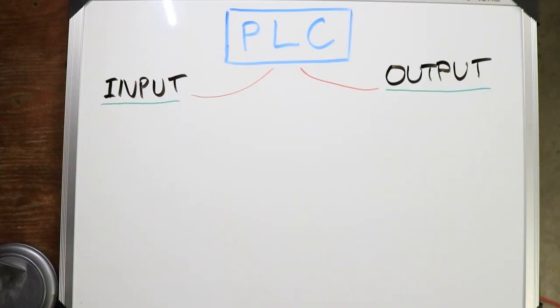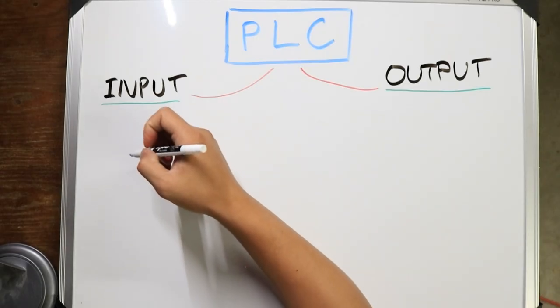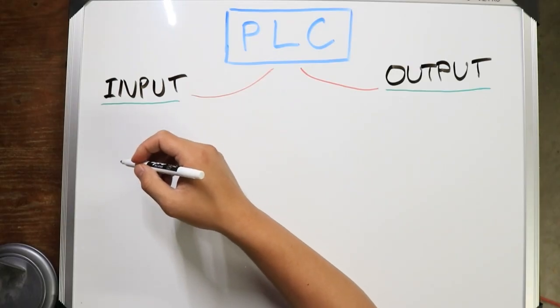Okay. And the last example I want to give you would be a mechanical input. So far we had a magnetic field or electrical sensor. This one's more of a mechanical sensor or a mechanical switch.